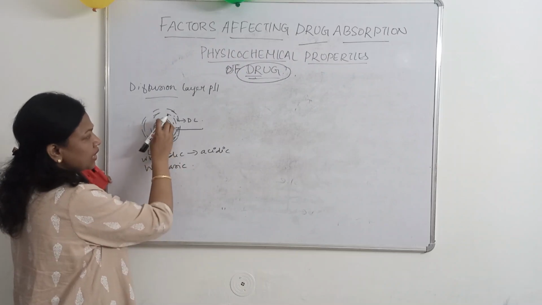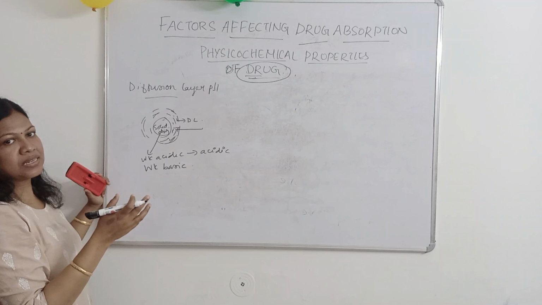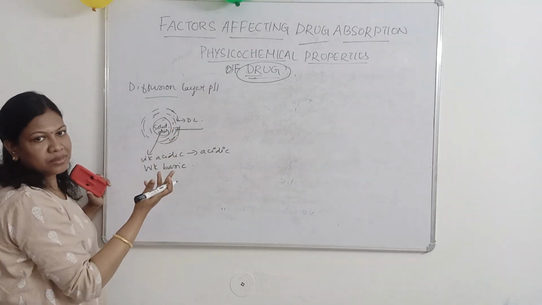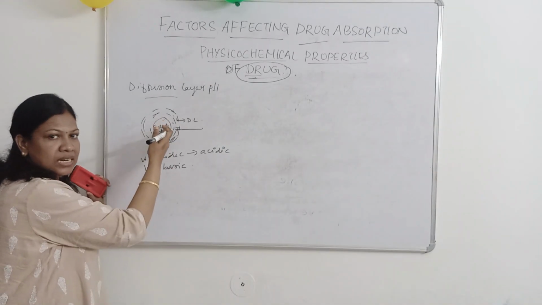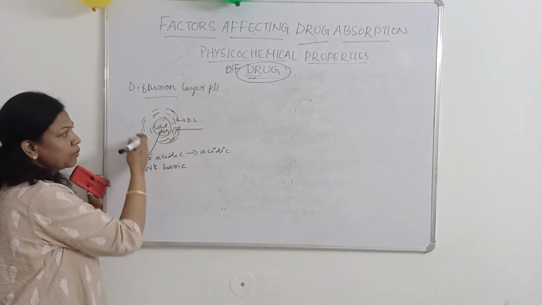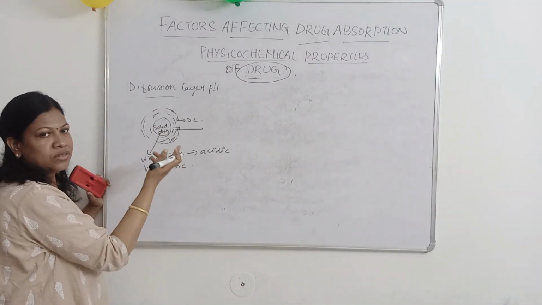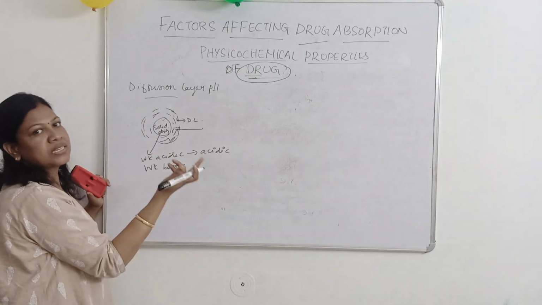If the drug is weakly acidic, the diffusion layer will also be acidic in nature, because the layer is nothing but the dissolved concentration of the drug. The drug is already acidic. When the acidic drug dissolves, this is the layer made by the drug itself. So the layer made by the drug will also be acidic in nature.